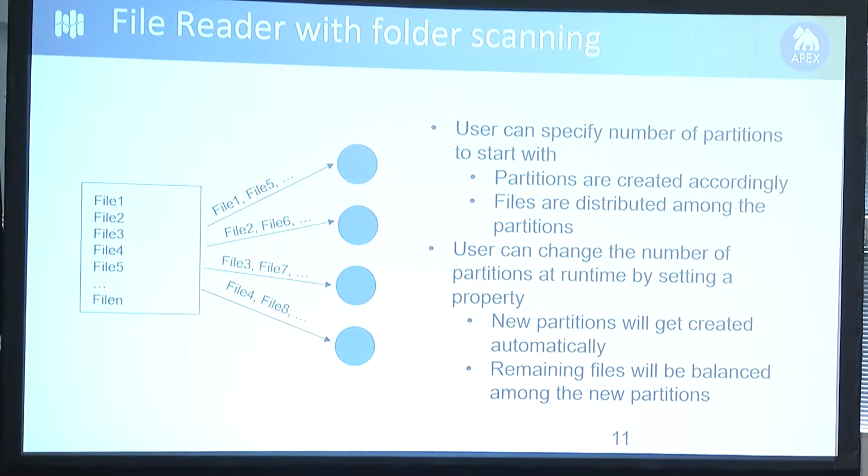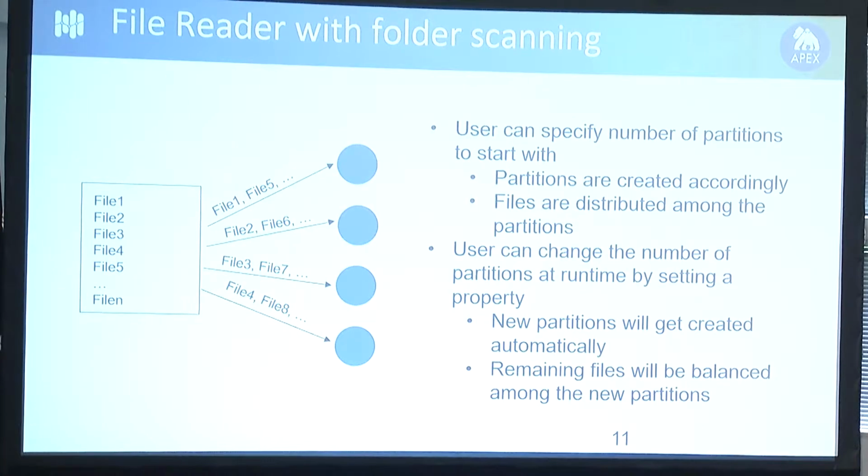Then it's going to allocate the files among those partitions based on the hash code of the file name. So in this case, for example, file 1 and file 5 could be going to one partition, file 2, file 6 could be read by another partition, and so on. That's how they will redistribute reading, and basically not trample on each other and read from different files.